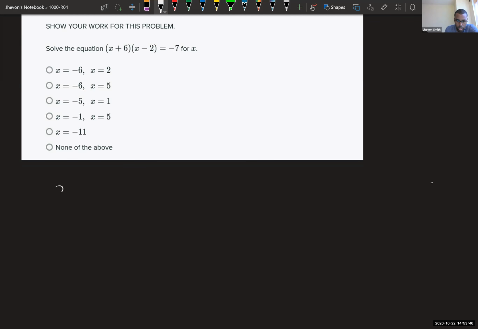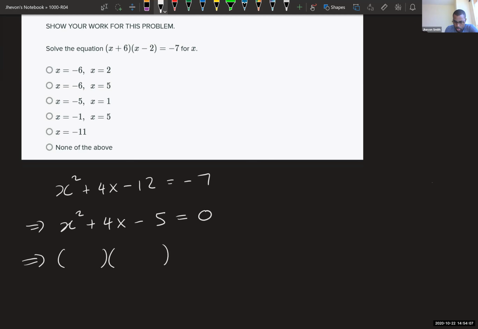Expanding the left would give me x squared plus 4x minus 12. This would give me x squared plus 4x. I would add 7. That would give me a minus 5. And so I can have an x.